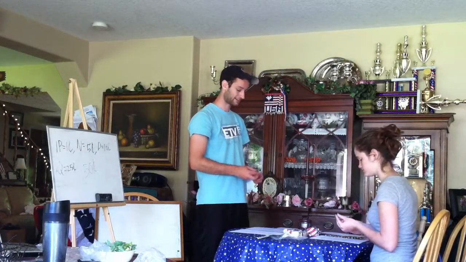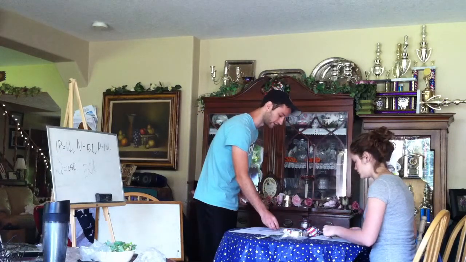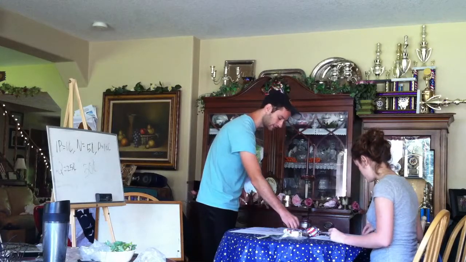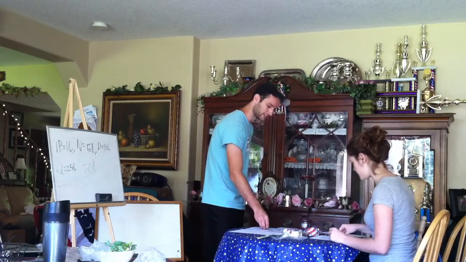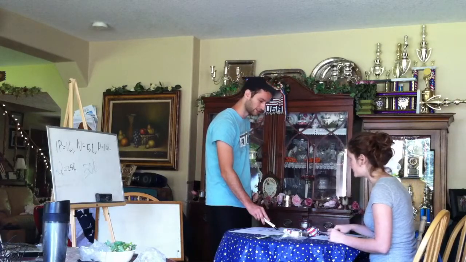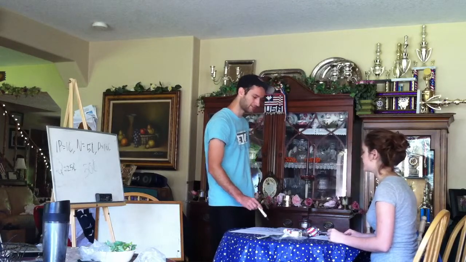And our last one for today, we're going to do our quarters, our biggest coin. So we're going to count to 75 by 25. Alright? So 25, 50, 75. So let's count one more time together. 25, 50, 75.